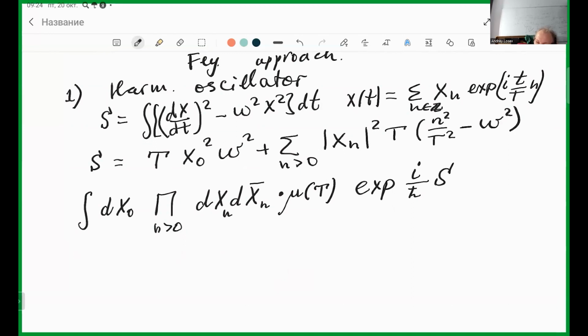When I take Gaussian integral, I will have a product. And here I'll have n greater than 0, 1 over n square minus omega square t square.